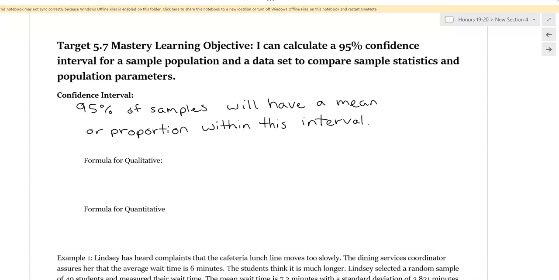Our formula is an interval, so we use interval notation: parentheses, between this and then that. For qualitative, remember, it uses p-hat, so it's p-hat minus your margin of error, and then your other number is p-hat plus your margin of error.